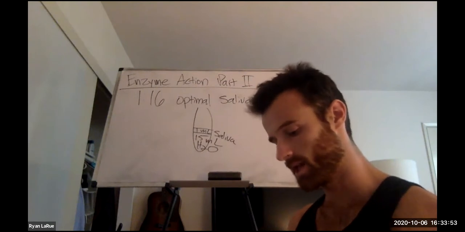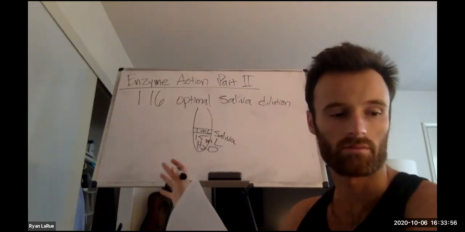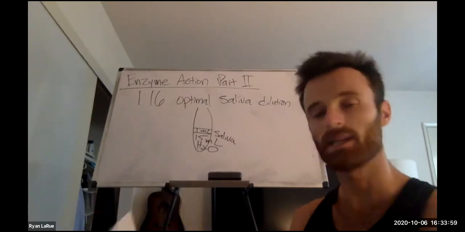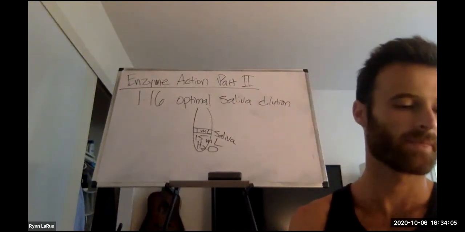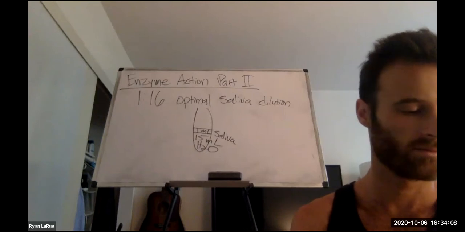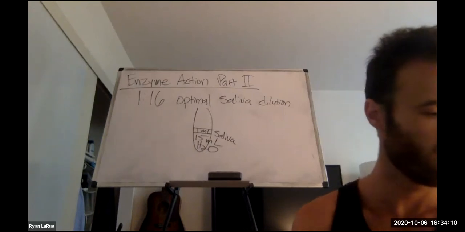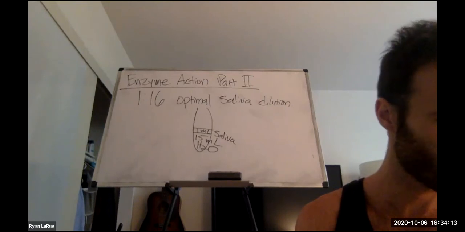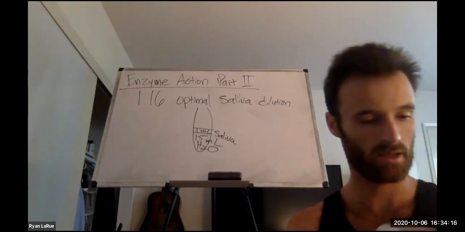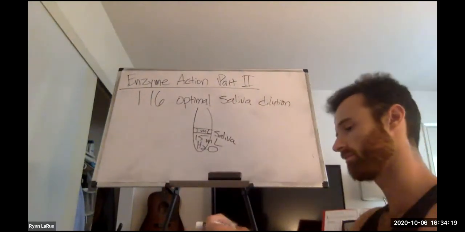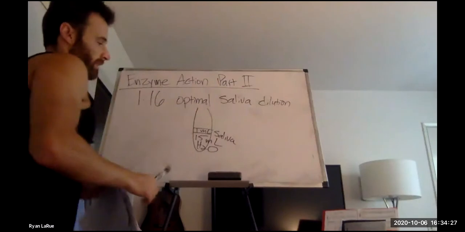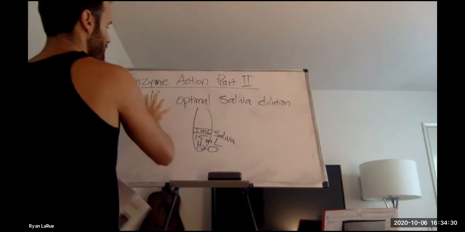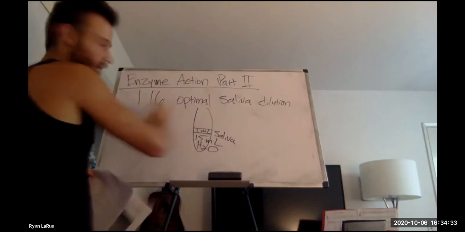Okay. But I want to go through how we're testing these things and how Stacy has it set up, why the data look like they do with the 96 well plates. So I'm going to start with NaCl. All right, so we've got our 1 to 16 optimal saliva dilution.